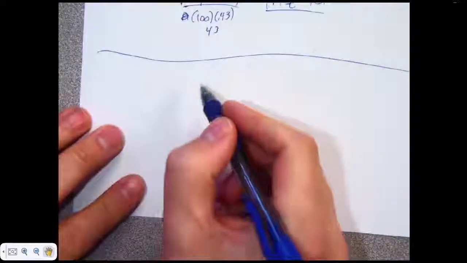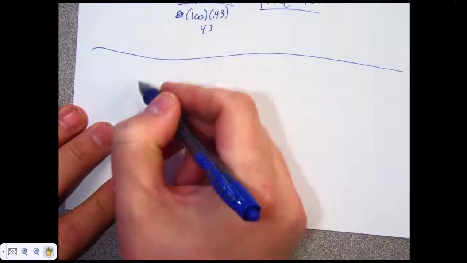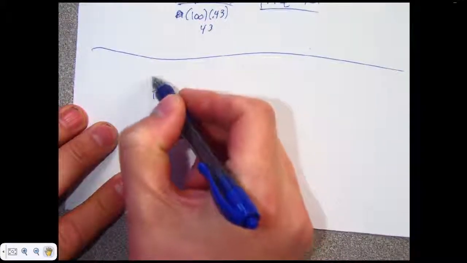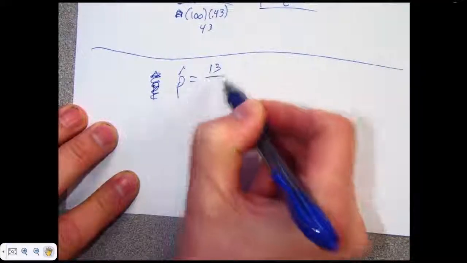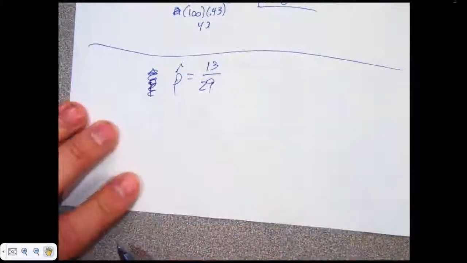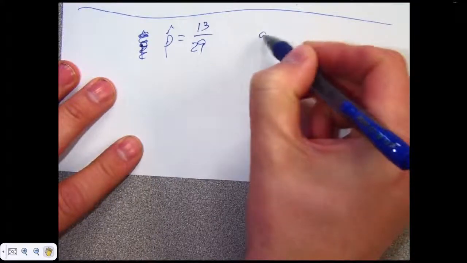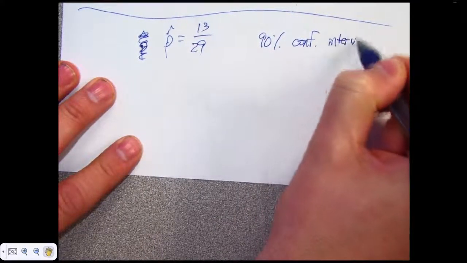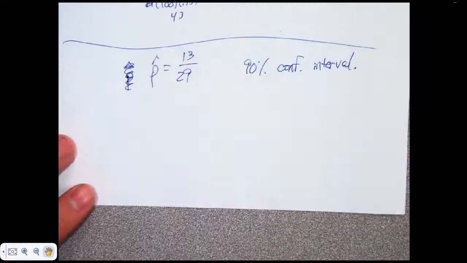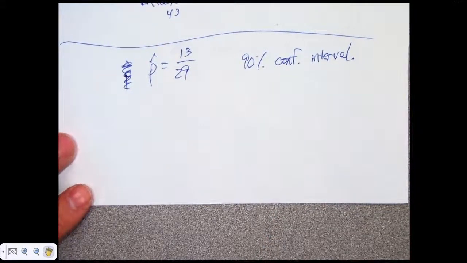Okay, I want you to do, let's just do the math for the calculator part. Let's say P hat equals 13 out of 29. Give me a 90% confidence interval. That's it, just do that problem.